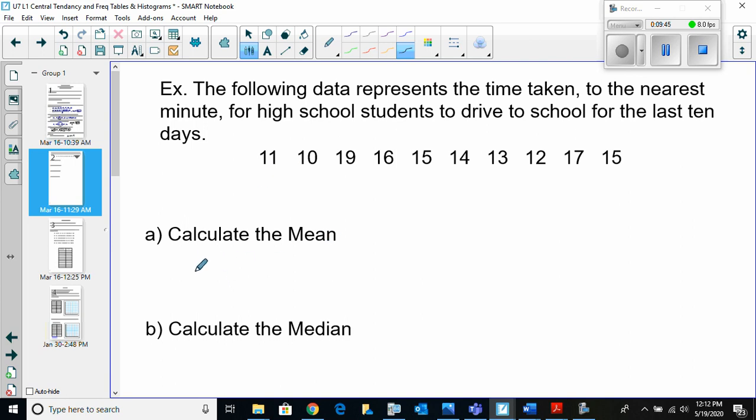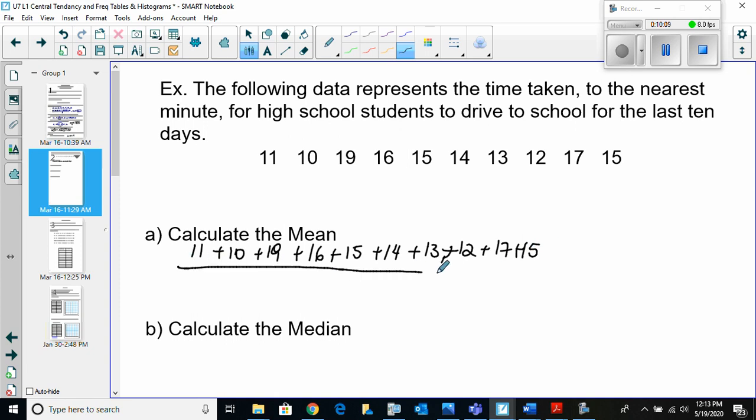So in this case, we will go 11 plus 10 plus 19 plus 16 plus 15 plus 14 plus 13 plus 12 plus 17 plus 15, and the whole thing is divided by 10. Why 10? Because there are 10 days, and even if we count 1, 2, 3, 4, 5, 6, 7, 8, 9, 10, we can see that it is 10.